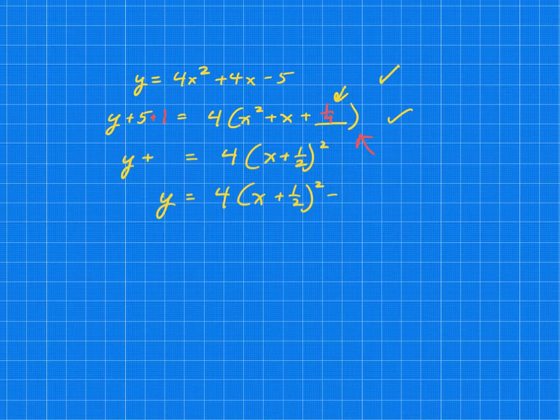Over here I have the number 5 plus 1 is 6, and then I subtract the 6 from both sides. Now I have the equation. Of course, now we can get the vertex as being negative 1/2, negative 6.